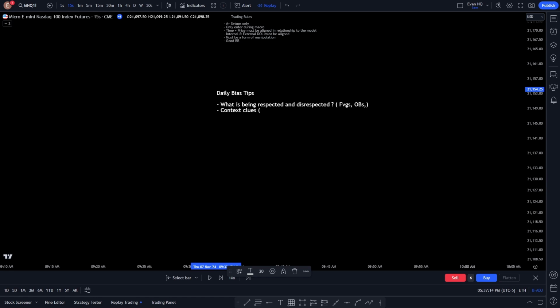Context clues as in SMTs, sell side or buy side liquidity getting swept, manipulation, or is there a higher time frame PD array we are in?